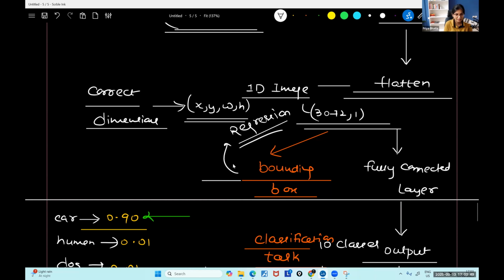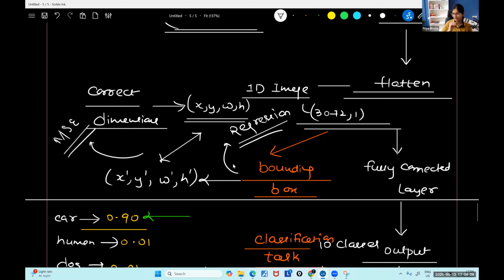And whatever image your model is classifying as a car has its own dimensions, which are X dash, Y dash, W dash, and H dash. And you will make sure at the end of the day, maybe you can apply the loss function as mean squared error, so that these two values are approximately equal to each other.